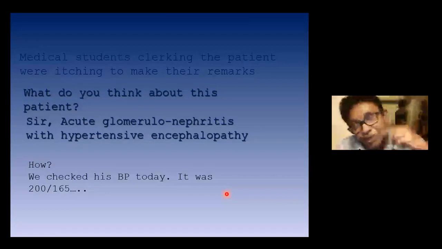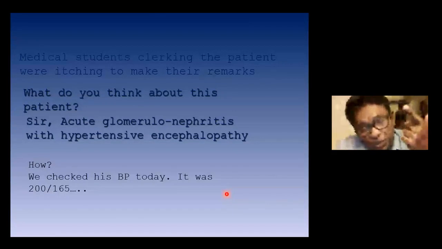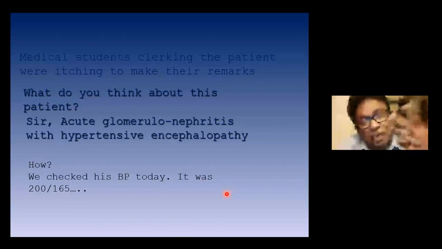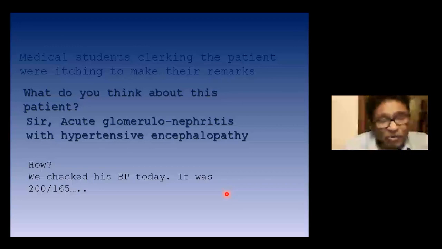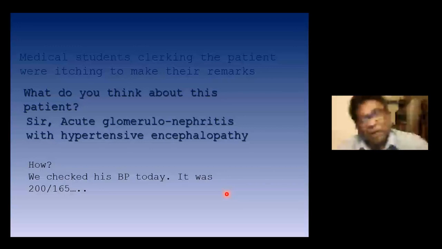Now you go to the case before: the blood pressure was checked at admission by an OPD doctor, but you know in the OPD sometimes the blood pressure is not right. And I don't know whether this still happens here, but we don't routinely check blood pressure in children. In this case also, this is the third day I'm talking about, 48 hours after, the blood pressure was still not recorded in the ward.